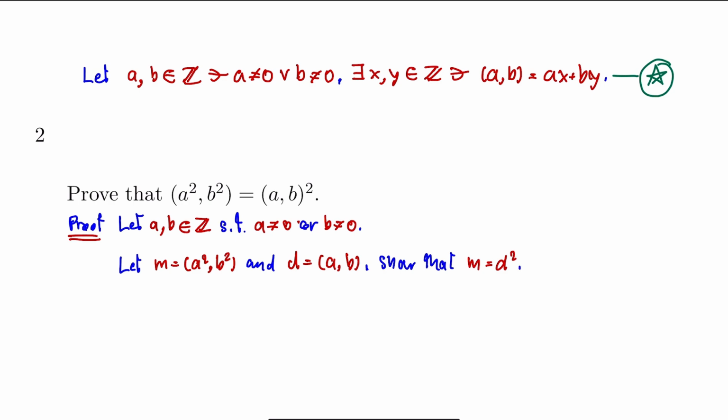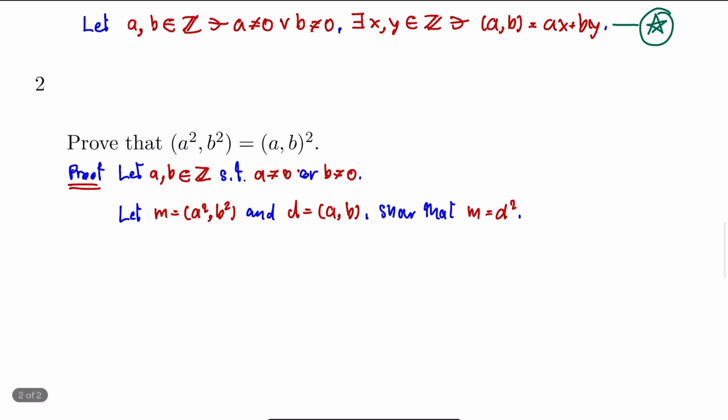So now let's get started. We might start with this greatest common divisor. Since d equals this greatest common divisor, what do we have? Star implies that there exist integers x and y.